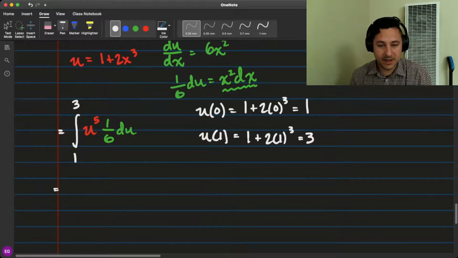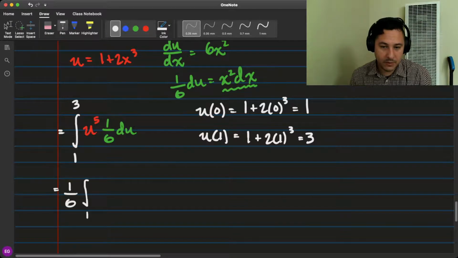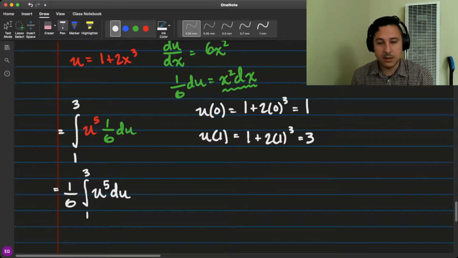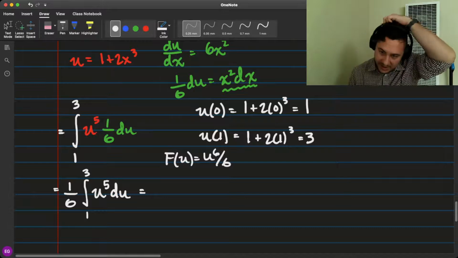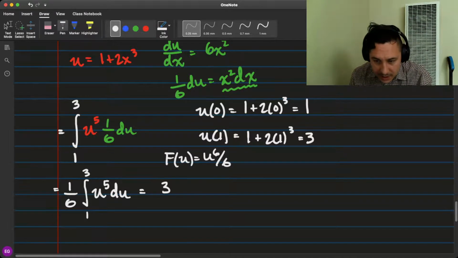Okay, now you can go forward. You're like, okay, factor out that 1/6. I'm integrating from 1 to 3. This is u to the 5th du, which means my antiderivative is u to the 6th over 6. So I'm going to plug my values into that. I'm going to get 3 to the 6th divided by 6.